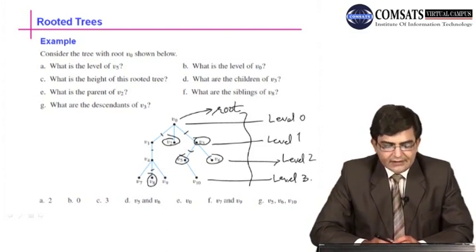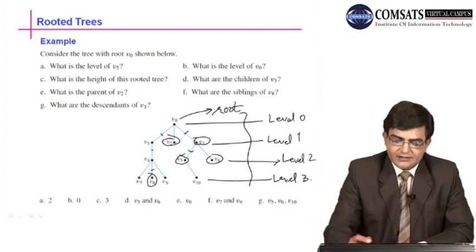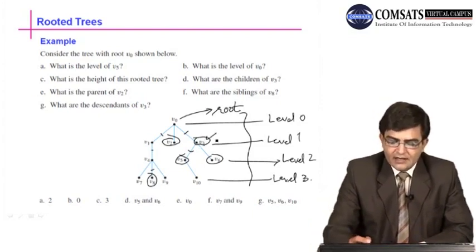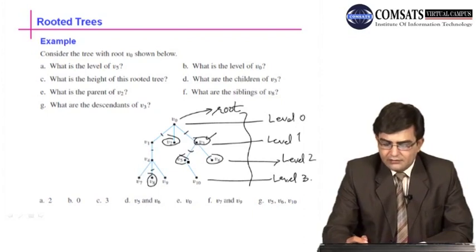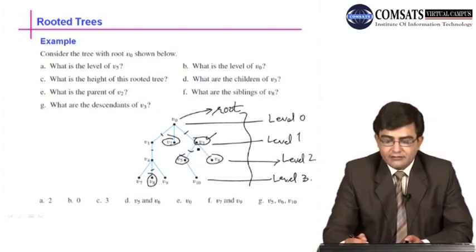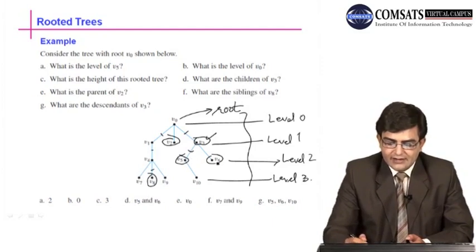The next question is what are the descendants of v3? V3 is here. All other vertices further away from the root than v3 are v5, v6 and v10.